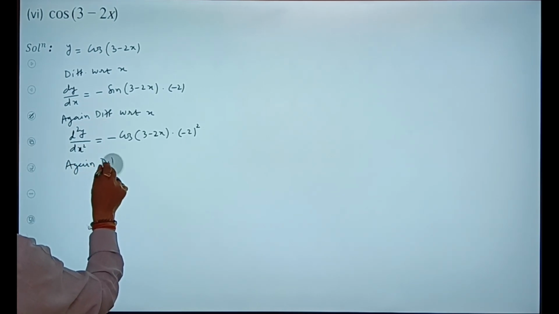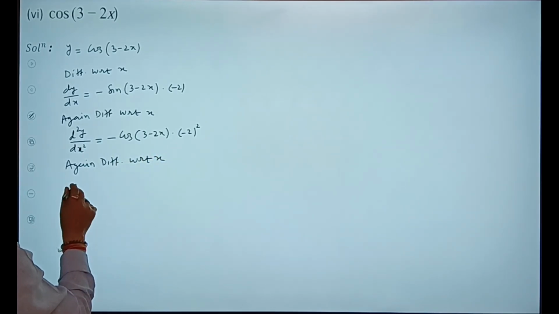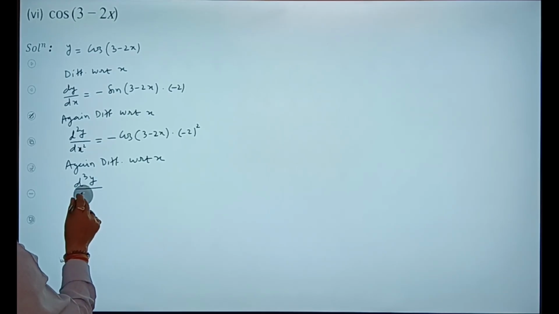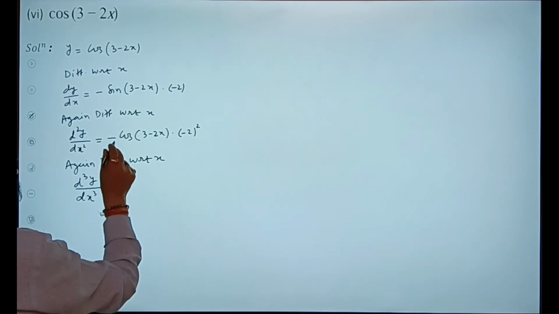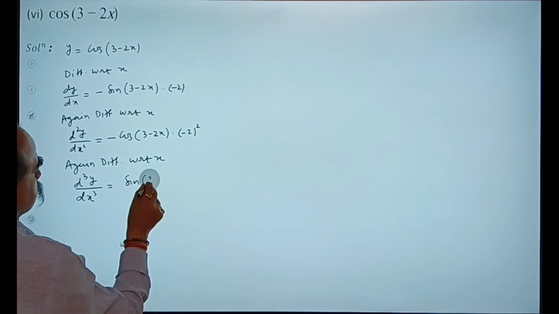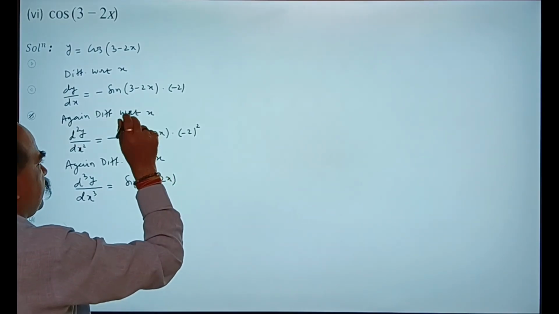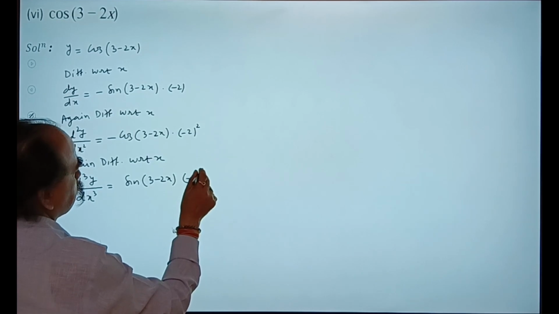Again differentiating with respect to x. So d3y by dx cube, derivative of minus cos is what? Plus sine, into derivative of 3 minus 2x is minus 2. Already minus 2 square is there. So minus 2 cube.